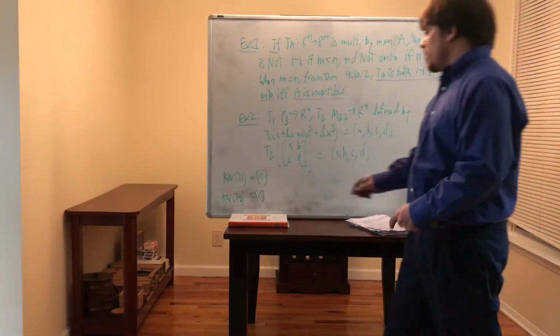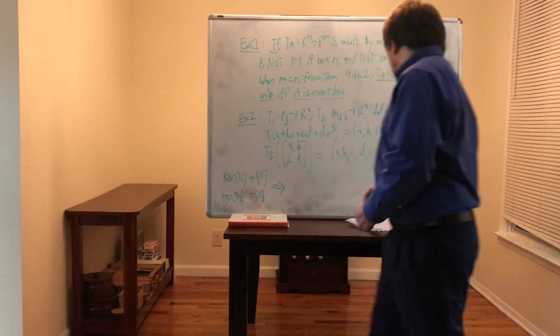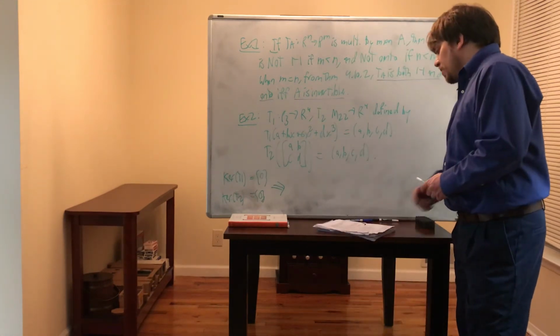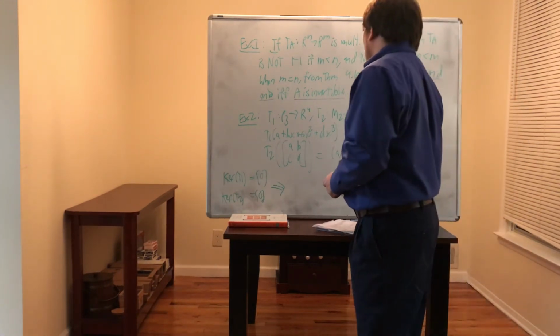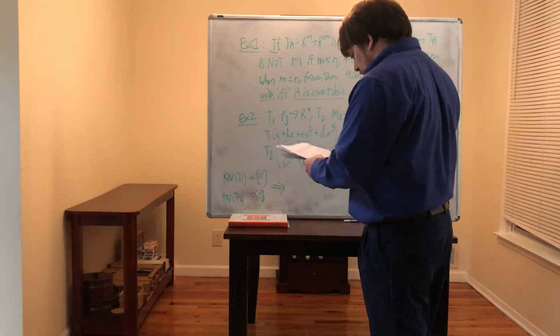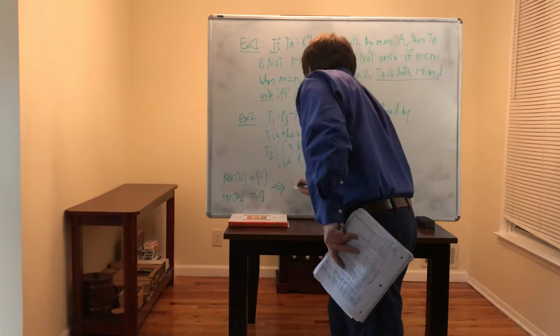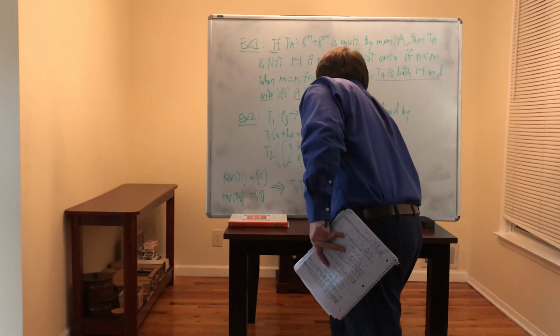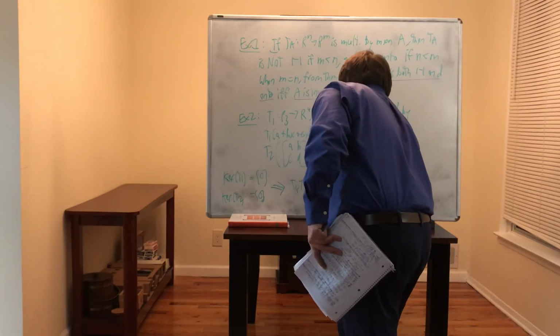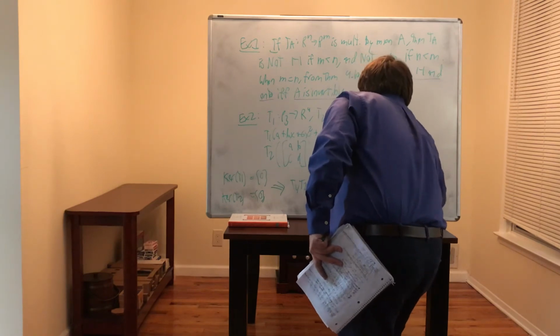And so that implies, from our previous theorem, that both T1 and T2 are 1-to-1 and onto.